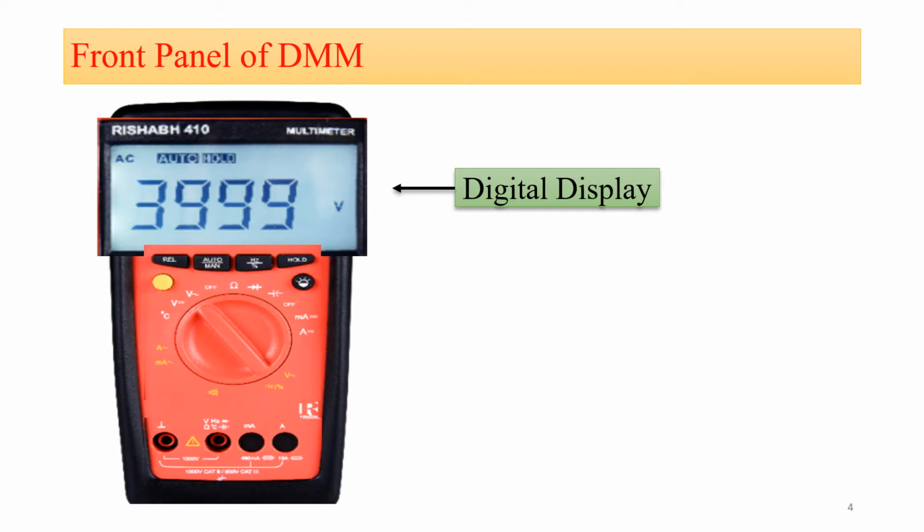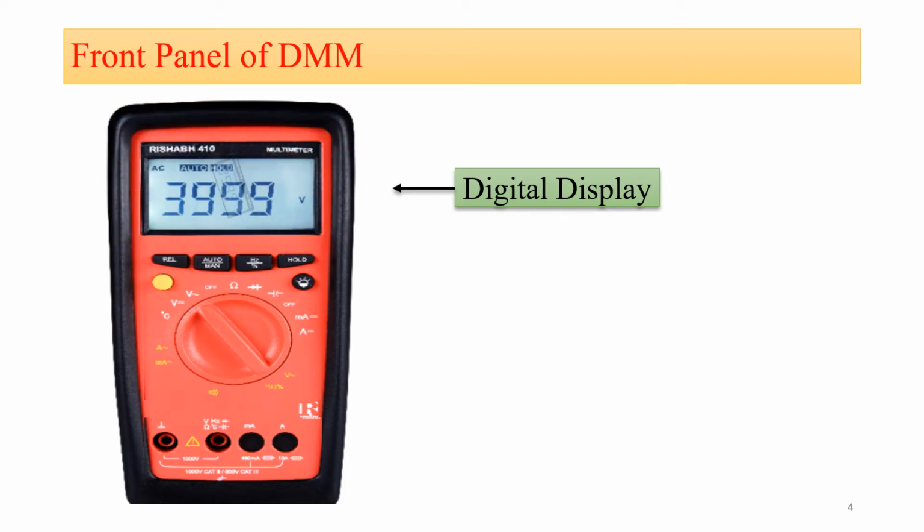This display is nothing but our 7-segment display, and it shows which quantity you are measuring. Right now in this picture voltage is being measured, but which voltage? That is AC voltage. So the first part of the front panel is the digital display.